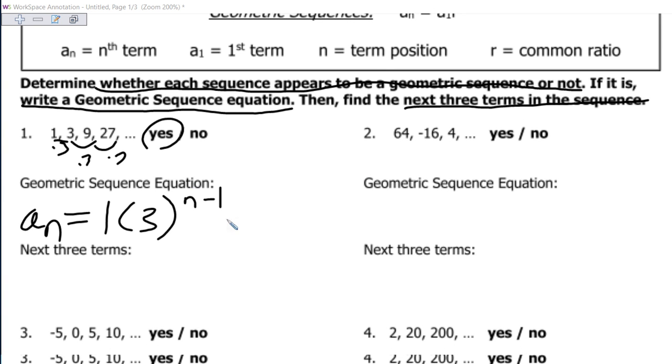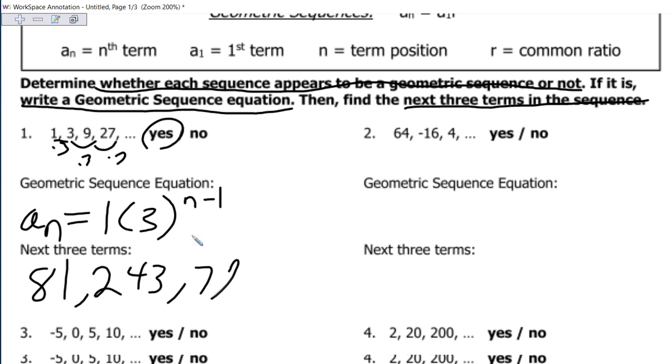Now, in order to find the next 3 terms in the sequence, all we have to do is keep on multiplying by 3. So 27 times 3 would be 81. 81 times 3 is going to be 243. And 243 times 3 is 729. That's pretty easy stuff.